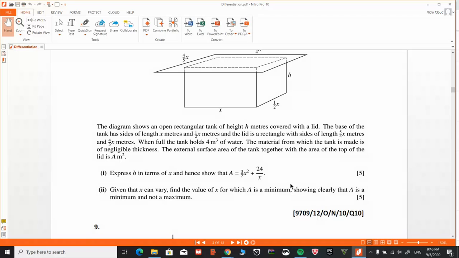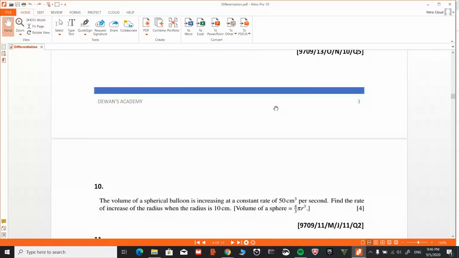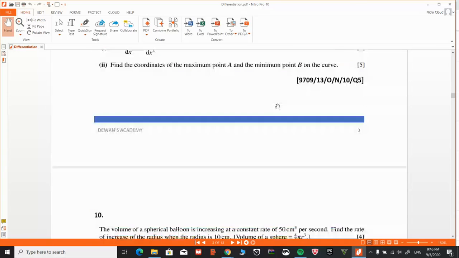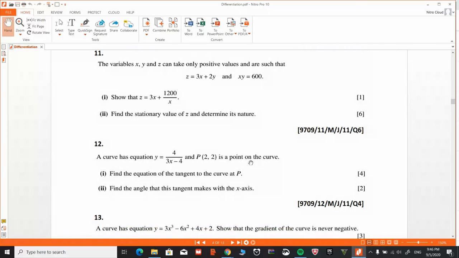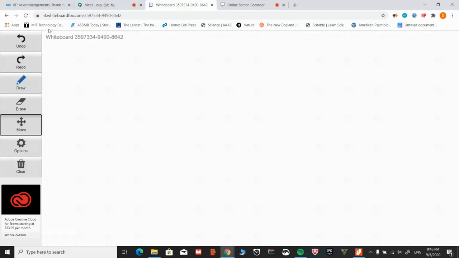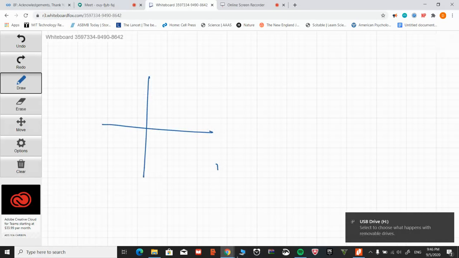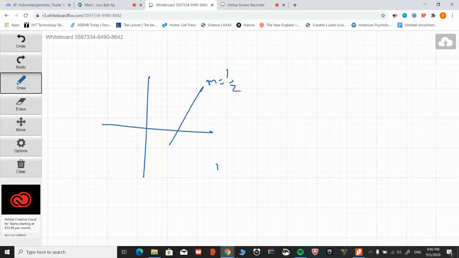Okay. What next? The second part. Find the angle. আচ্ছা, angle মানে হচ্ছে gradient, তোমার tangent-এর যা gradient, so if this is your x and y axis and your line tangent has a gradient of half, all you have to write is tan theta is equals to half.